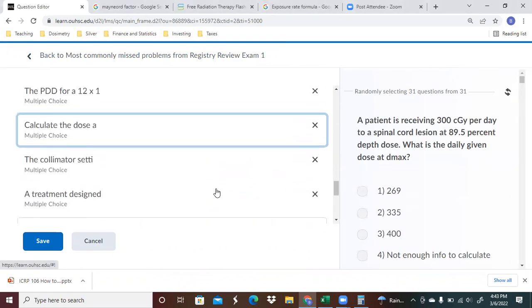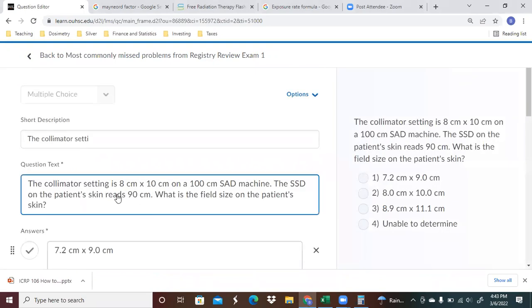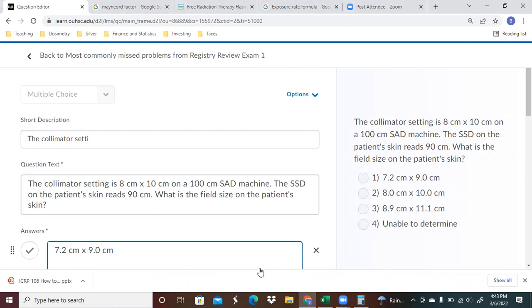Okay, so we got a few more to go here, not too bad. Collimator setting is 8 by 10 on a 100 SAD machine. The SSD on the patient's skin reads 90. What is the field size on the patient's skin? Again, this is one of these similar triangle problems. I'm not going to draw my other patient, it looked pretty bad the last time we did this. I'm just going to do this in one dimension.